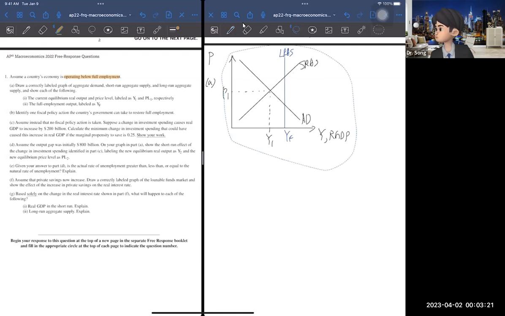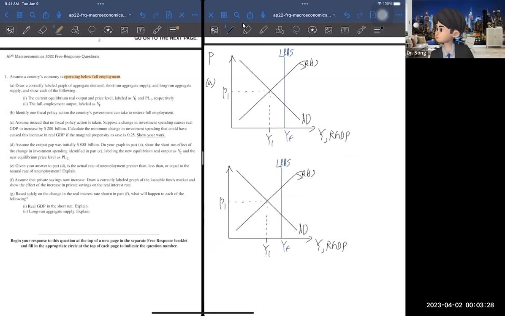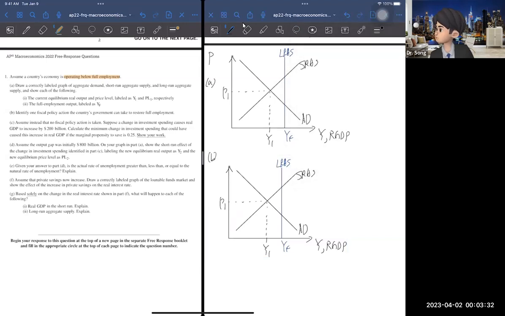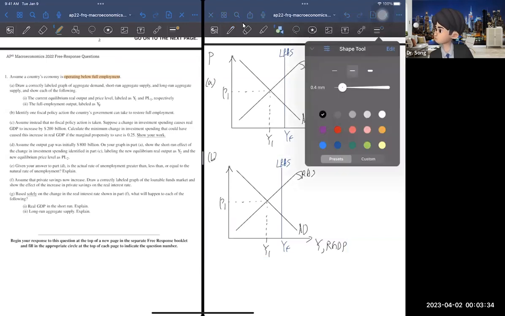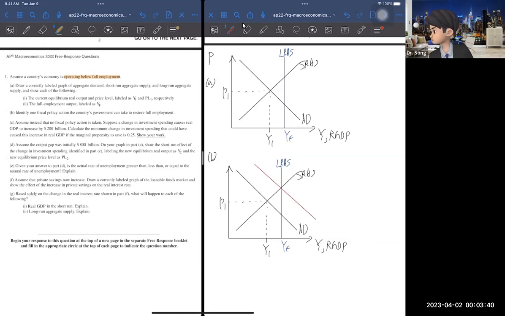They implement expansionary fiscal policy, such as raising government spending or lowering the tax. Then they can shift the aggregate demand curve to the right like this. Let me call it AD2.